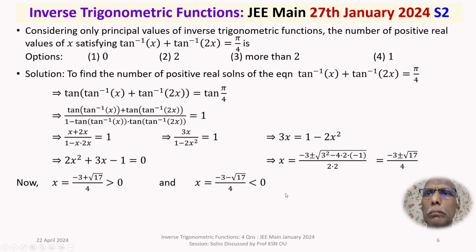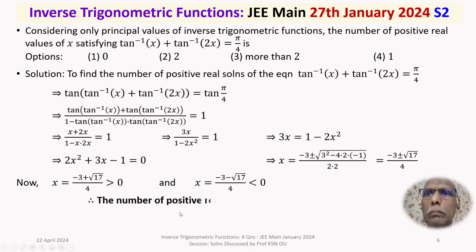And we have to consider only the positive real values of x satisfying this equation, that is the positive real solutions of this equation, and you have to consider only the principal values. So because we are considering only the principal values, the number of solutions is only 1.